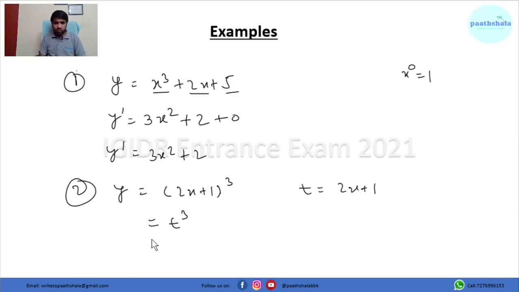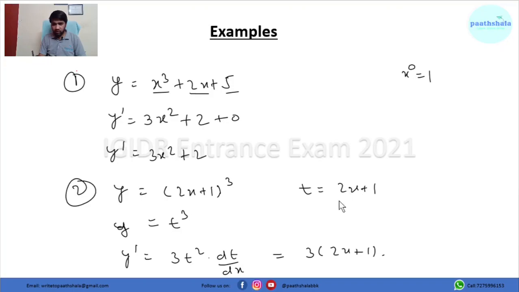So what we have to do, if we have to find y dash, this will become 3t square. But again, what we are getting here is dt by dx. So again we have to apply: this will become 3 times t, whose value is 2x plus 1, squared, into dt by dx.